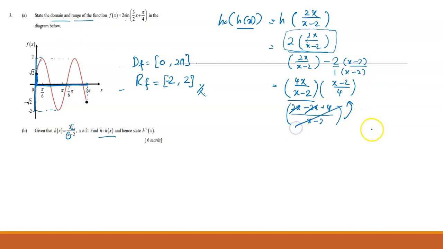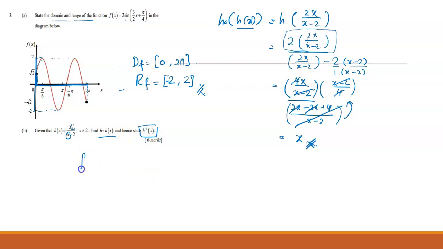Okay, so then let's take a look at this. x minus 2 divided by x minus 2, 4x divided by 4, 4 divided by 4. So what's left here now? x. That's it. So, hence, state h inverse.